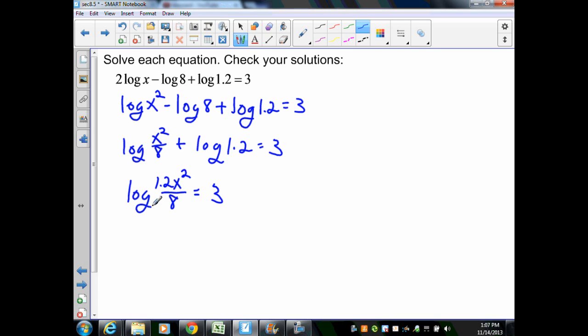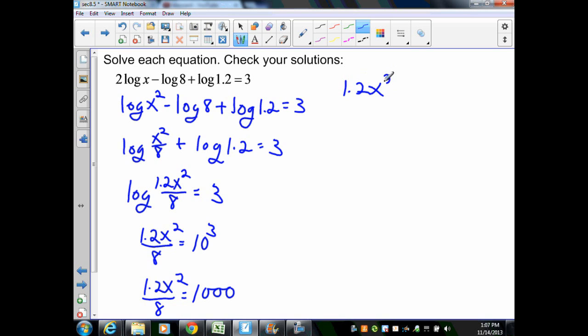Now I'm going to change this to exponential form. Since the common log has a base of 10, that will give me 1.2 x squared over 8 equals 10 cubed. Simplifying the right side, I get 1.2 x squared over 8 equals 1,000. Multiply both sides by 8 gives me 1.2 x squared equals 8,000.